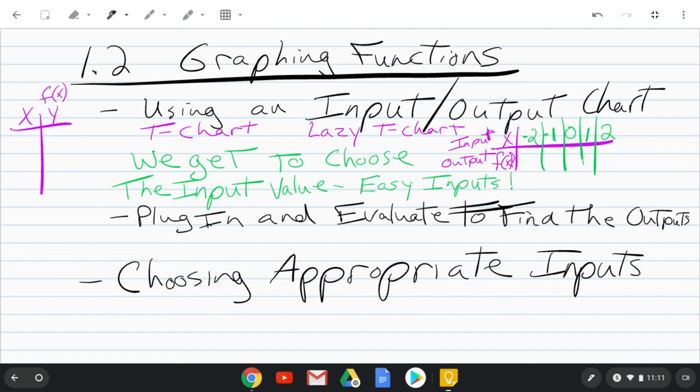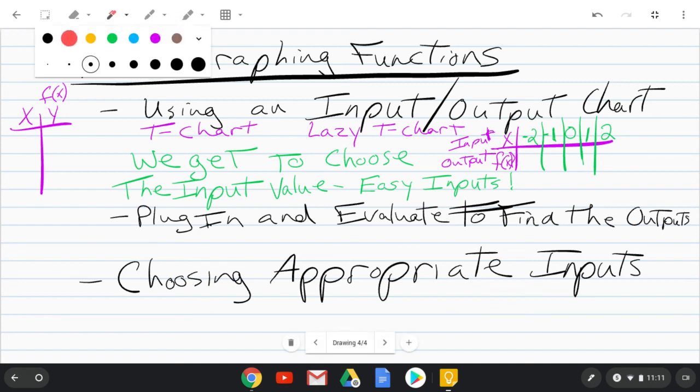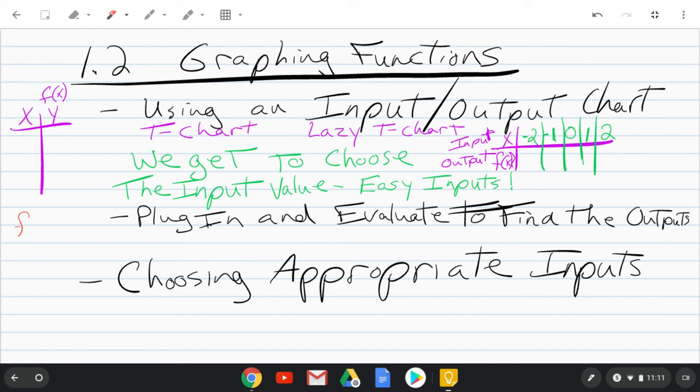So let's say I had the function f of x equals, I don't know, 2x. Then I plug each one of those in.